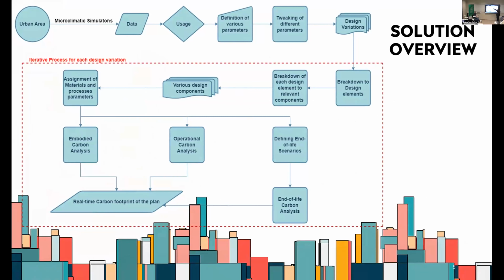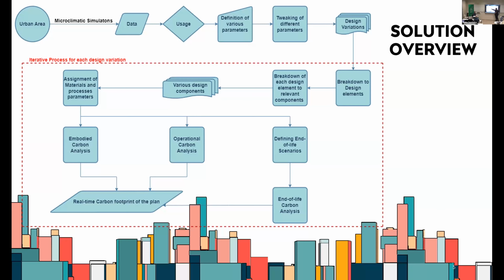The urban area requires some microclimatic simulations and to gather data by those simulations to identify what kind of usage is proper for that area. Then with defining some parameters and tweaking those parameters, we can come up with some design variations for that specific area. And then the design variations would be broken down into design elements broken down into components.